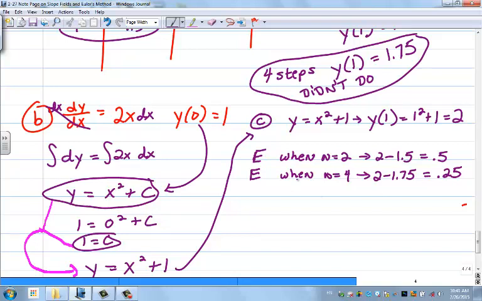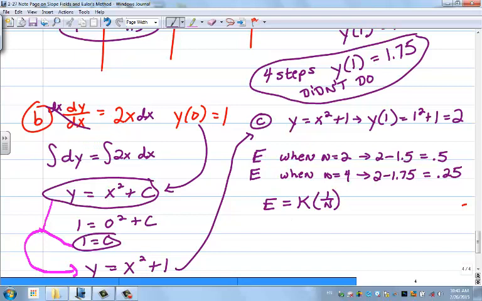Now, let's see if this is proportional based on the number of steps. So let's make a proportion. The error is proportional to, so equals k times 1 over n. If we solve for k, we should find the constant of proportionality. So let's go ahead and do that. Our error for n equals 2 was 0.5.